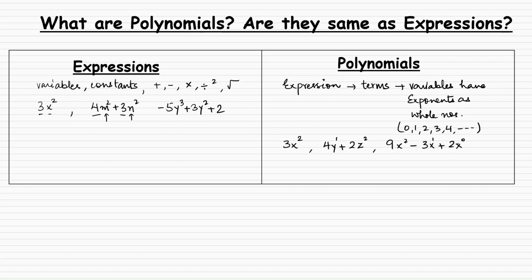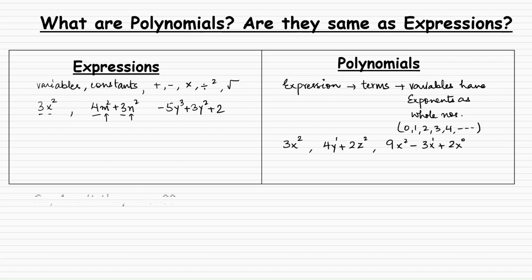So we have all the exponents as positive whole numbers. But if I look clearly at these expressions and at these polynomials, don't they look the same? Then what is the difference between expressions and polynomials? Are they the same or are they different?